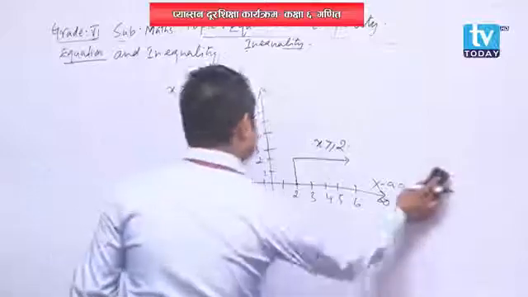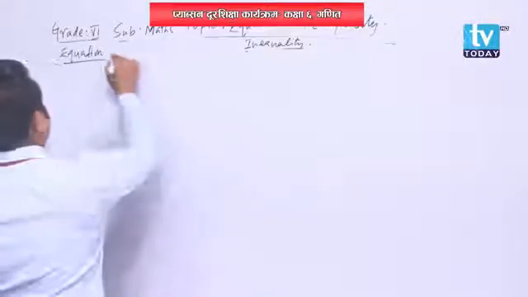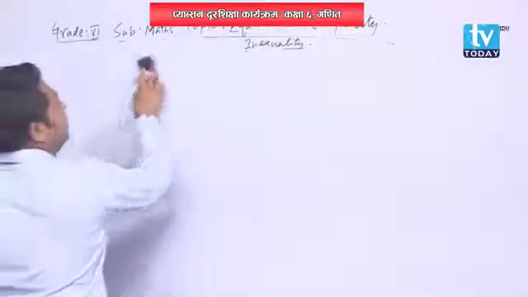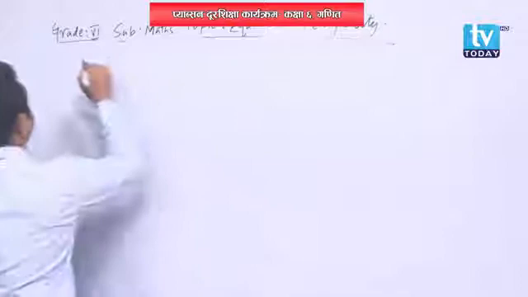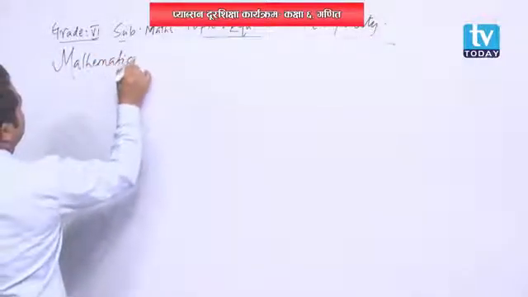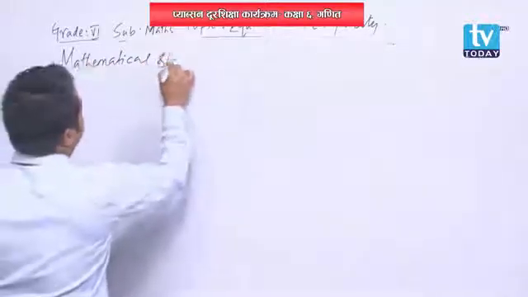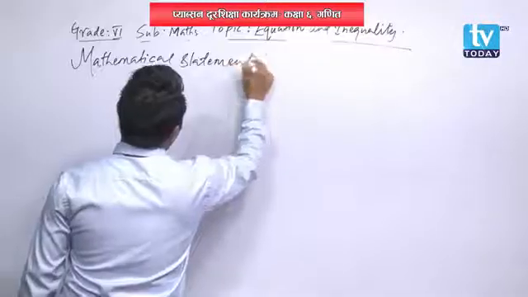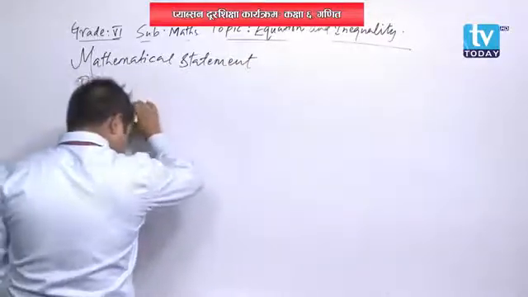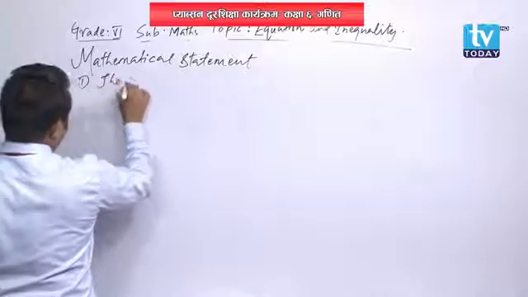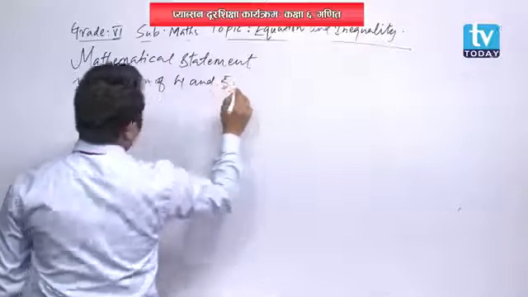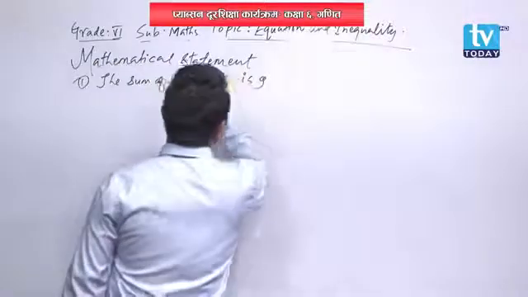First we will discuss mathematical statements. Number 1, let me write one example. The sum of 4 and 5 is 9.